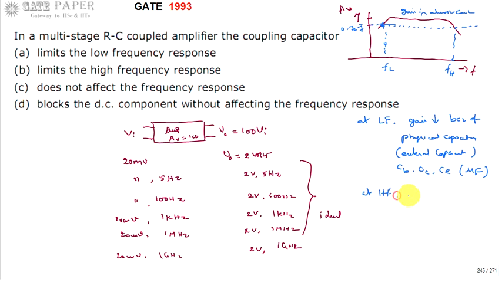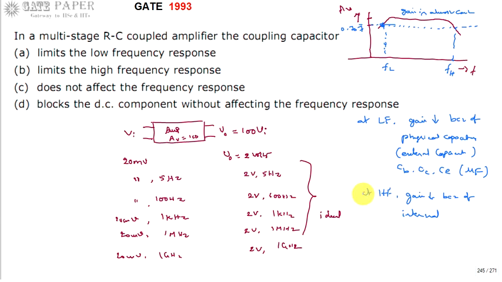At high frequencies gain reduces because of parasitic capacitances or internal capacitances. Internal capacitance is the capacitance existing between any two nodes, which you are not connecting externally. It is also called parasitic capacitance, which is unwanted in most cases.